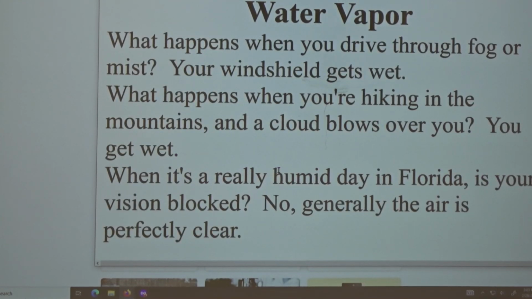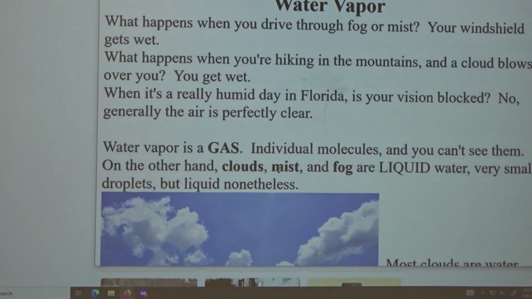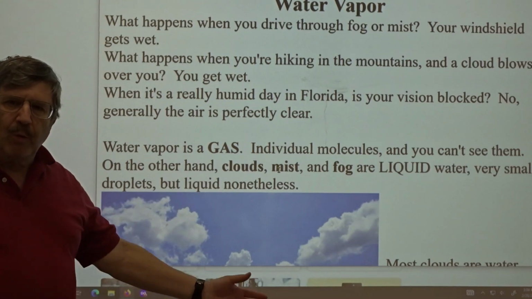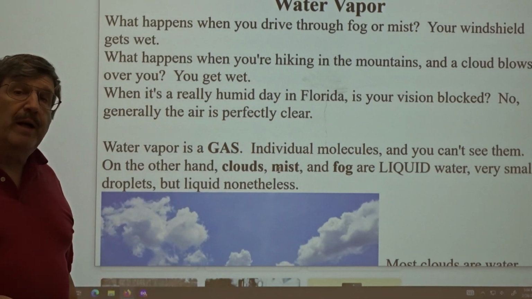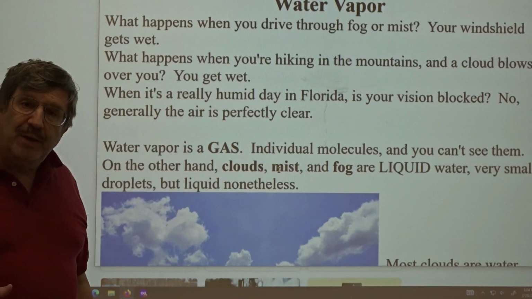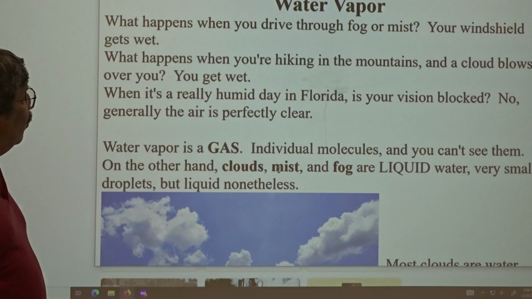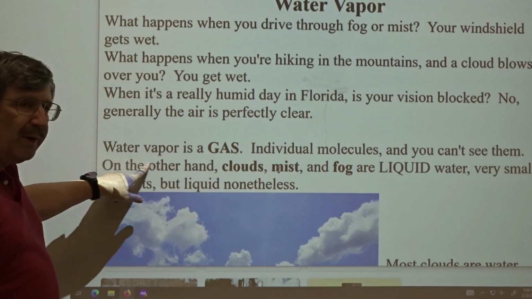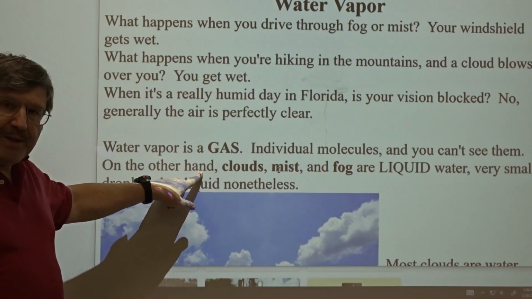And think about this. When you're driving through fog or mist, the windshield gets wet. Why is that? It's because fog and mist, and also if they're off the ground, clouds are generally not water vapor, they are liquid water. Water vapor is a gas.